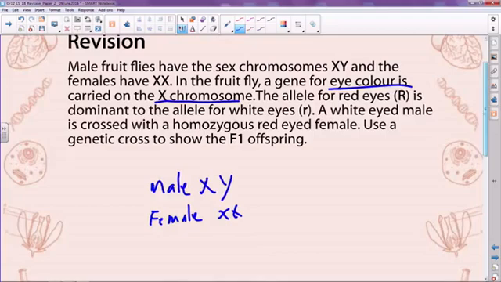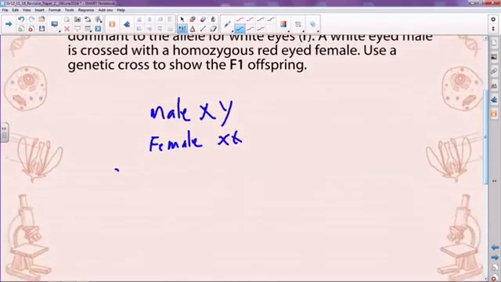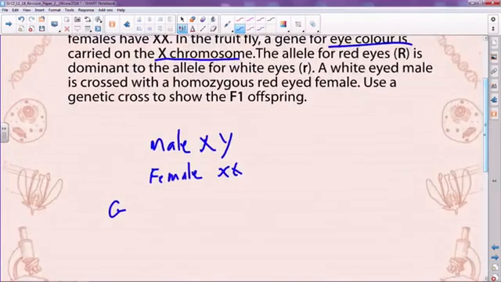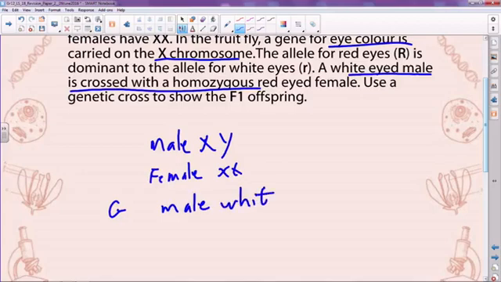Okay, now let's have a look at the crosses. A white-eyed male is crossed with a heterozygous red-eyed female. So male, white, crossed with a female, red.